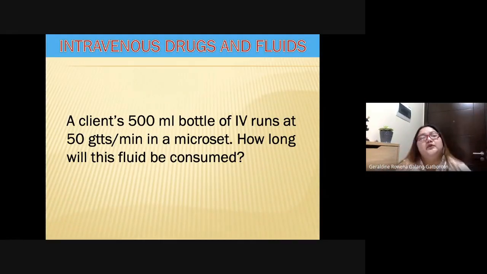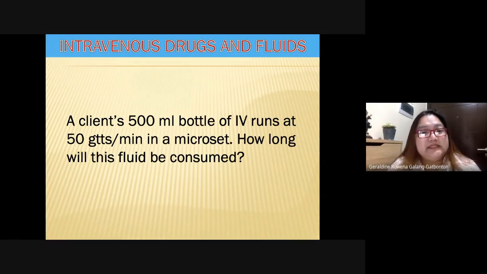Another example. Ito naman, iba yung hinahanap. Okay? A client's 500 ml of bottle runs at 50 drops per minute in a microset. Meron ka ng rate na 50 drops per minute, ito yung drop factor mo, at ito yung volume mo.